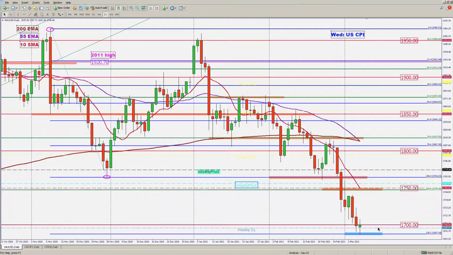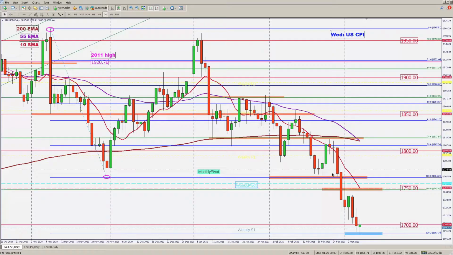Just below 1700 as well, it hit 1687. The low here, if I can take a look, is 1687.28, at 1687.34, within 0.6 of a pip, and bounced off to close right at 1700.44.